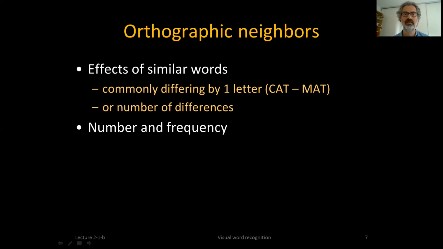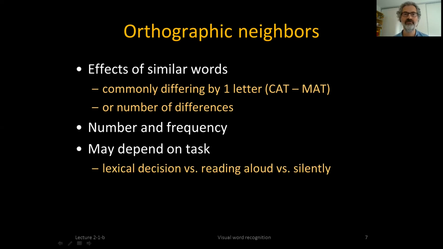It turns out that how many neighbors a word has and how frequent they are, if they are encountered more frequently than the target word itself, can have an effect on how easily, quickly, and accurately you can read this word. And in fact, this effect may depend on what you're trying to do with the word. There have been demonstrated some differences, for example, depending on whether you are trying to decide whether something is a real word, whether you're trying to read the word aloud, or whether you're reading silently.